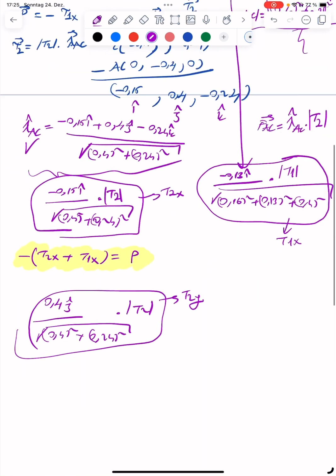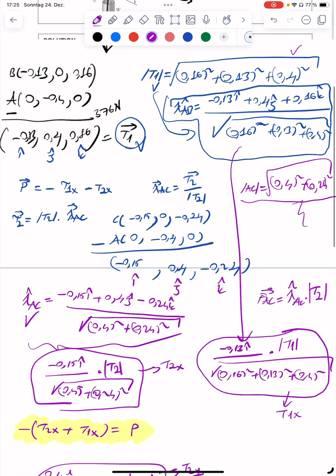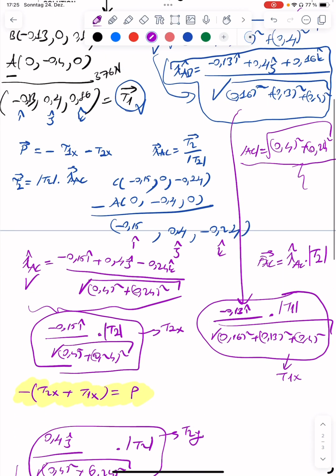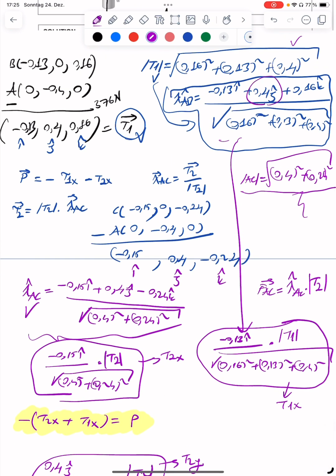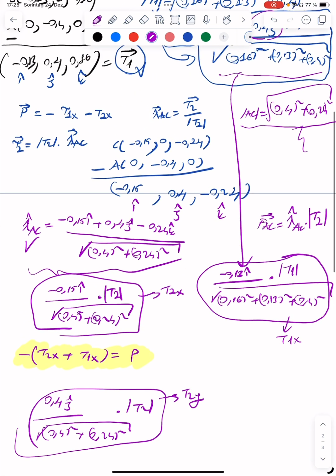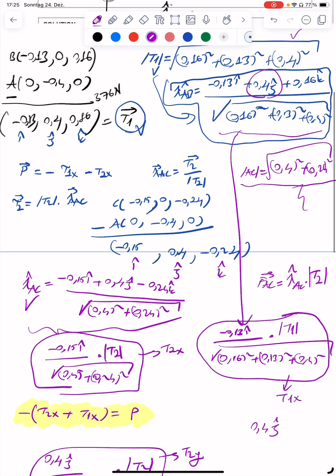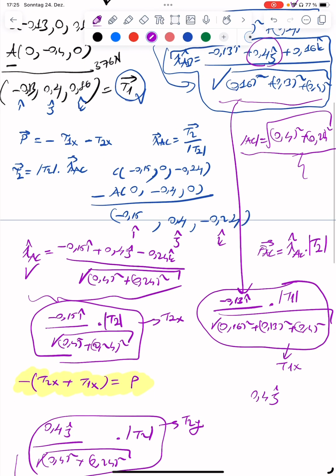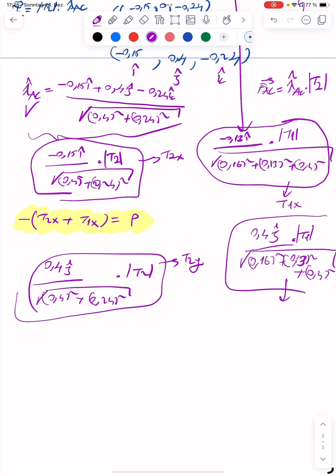So we must do it again for T1. Here, the j form, 0.4 j hat divided by the square root of 0 squared plus 0.4 squared, cross T1, and it is also T1 in the y-axis.